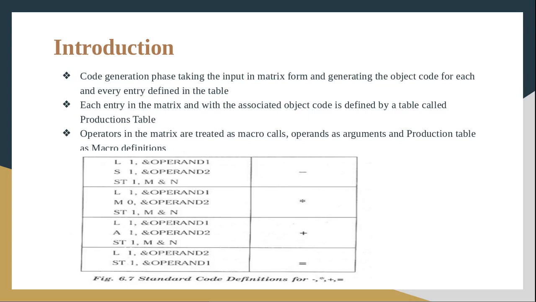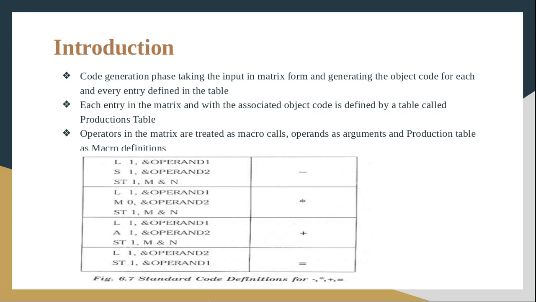So what is the target register? Actually 1. So we specify 1 minus 1, that is 0, one number less than the target register. So in the second instruction M0 comma &operand2, it will multiply the content of register 0 plus 1, that is 1, with operand 2, and the result will be stored back to the 0 plus 1 register, that is register number 1.